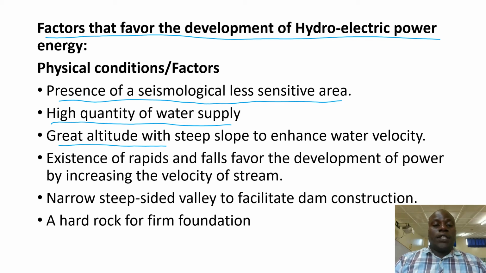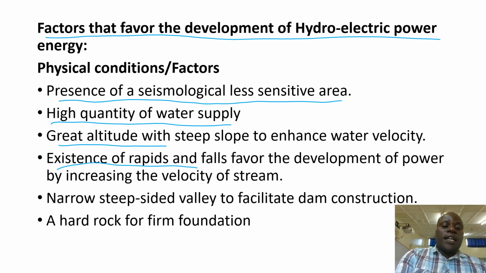Definitely you cannot generate power on a flat surface. I mean the gradient of the river where it flows should be steep, not gentle. Existence of rapids and falls also favors the development of power by increasing the velocity of the stream.